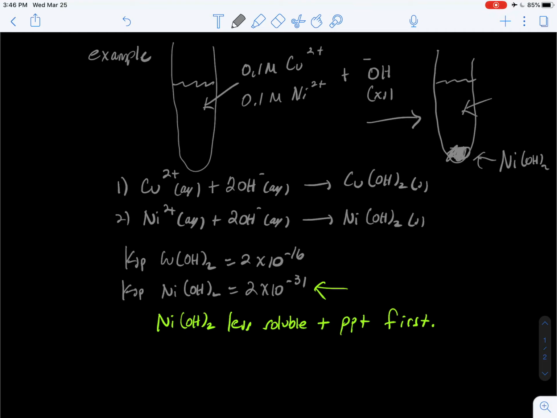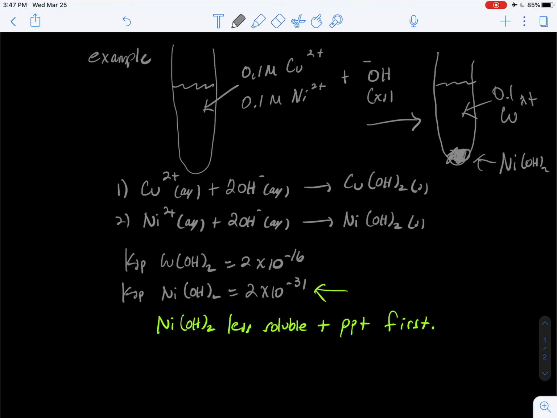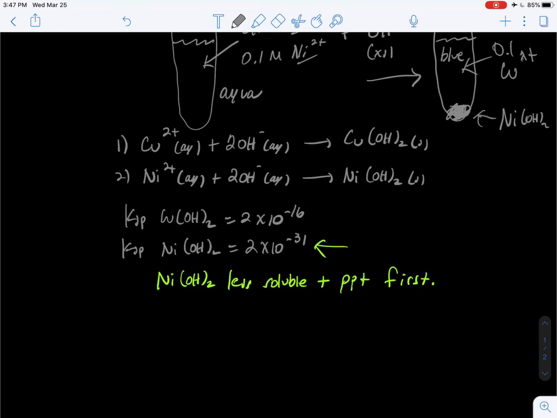And up above, you would have still your copper ion. Okay? And this would be easy to demonstrate because copper is blue and nickel is green, so you have like an aqua color here. And if copper remained behind, this would be a blue color, and you'd have a green precipitate on the bottom. It's kind of an interesting thing.